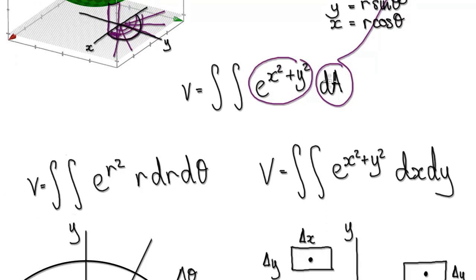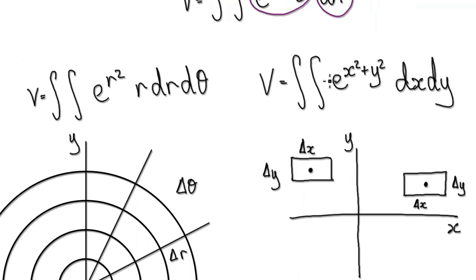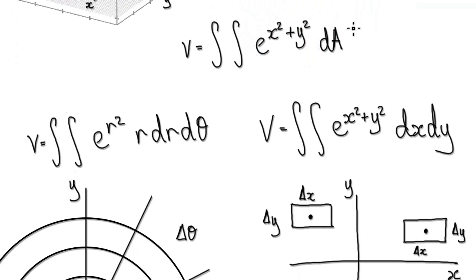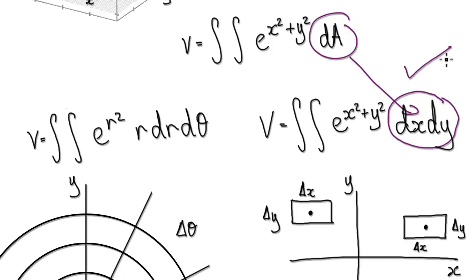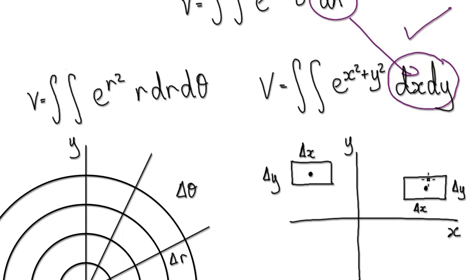So in Cartesian form, dA is this thing here, and it makes perfect sense because let's say you're currently standing here. No matter where you are on the Cartesian plane, if you are standing here, currently the area is 0 because you're standing at a point. A point is not an area.